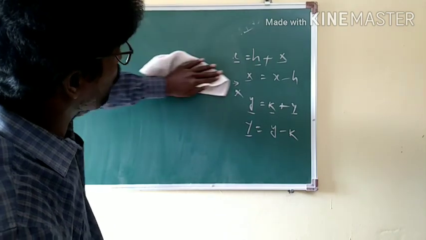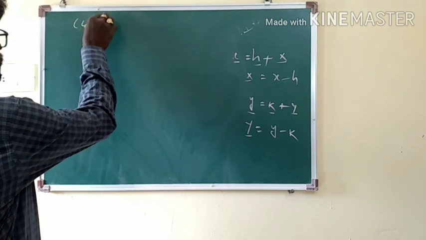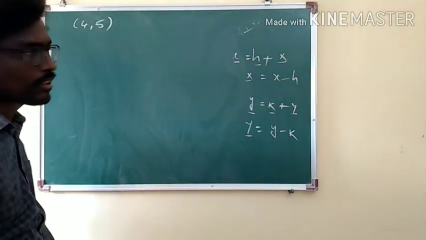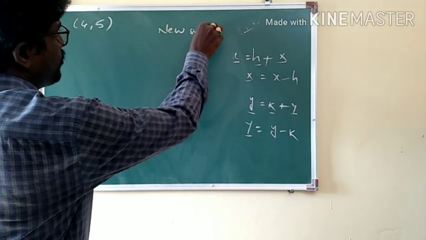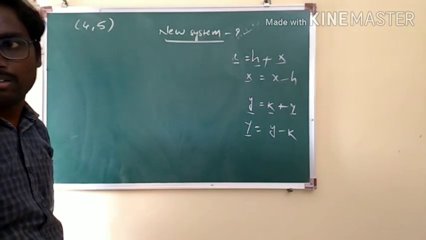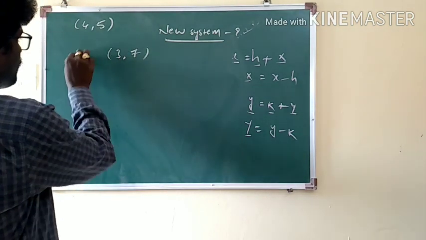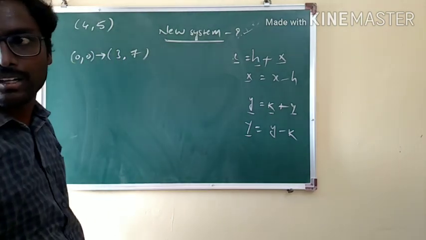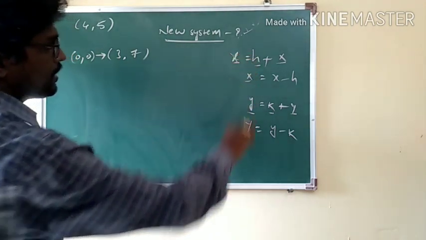The coordinates of the point 4, 5 in the new system, this is to be highlighted, in the new system when its origin is shifted to 3, 7. What do you understand in framing the question here?